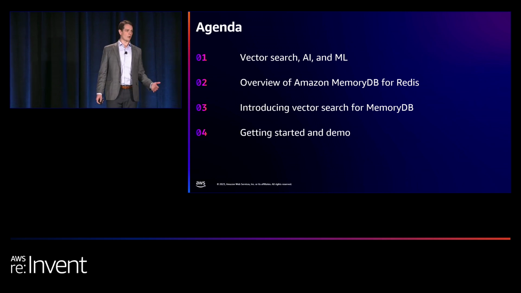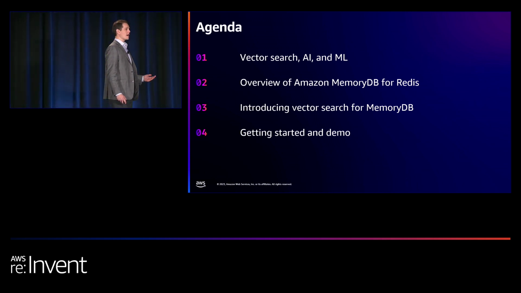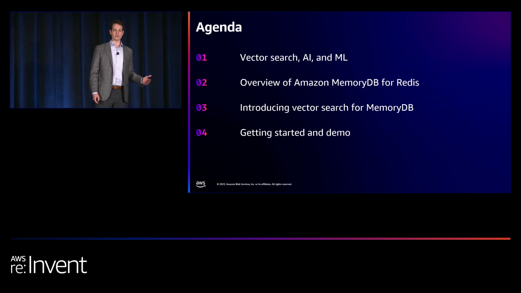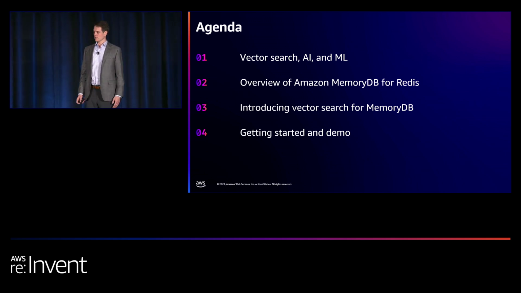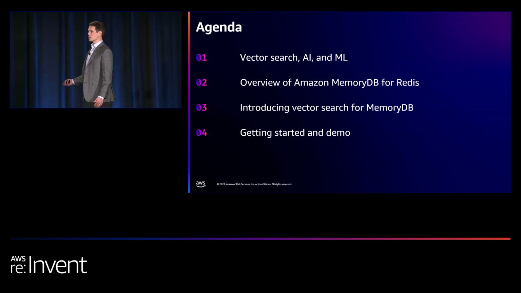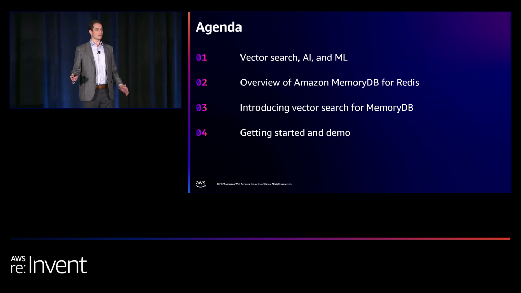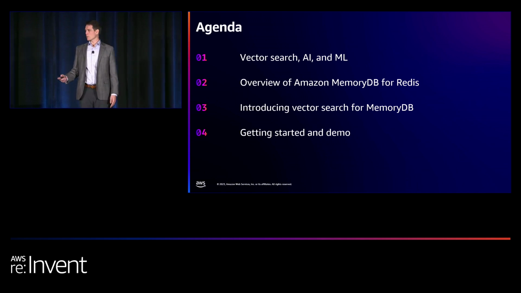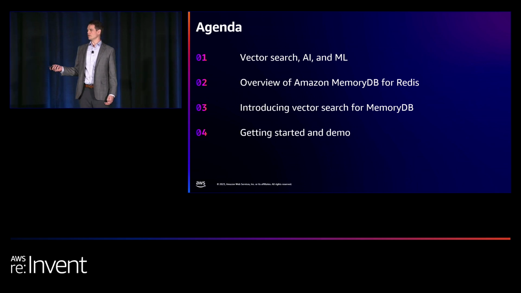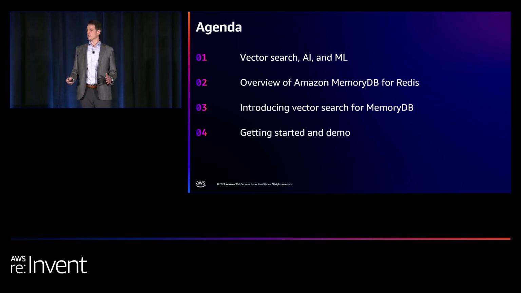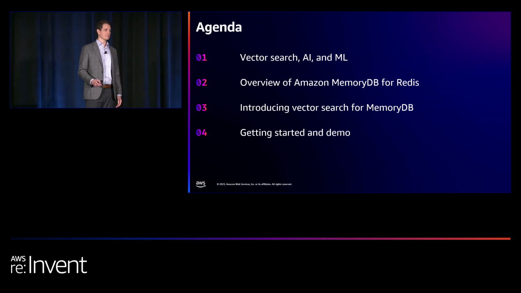We'll go over how it works, some use cases, and how it might differ from other Redis-compatible solutions that you might be used to. Then I'll hand it over to Jean. He's going to go over our announcement yesterday of vector search, talk about what you can do with it, some of its performance characteristics, and we're going to show you a demo of using MemoryDB integrated with LangChain to power a generative AI application.